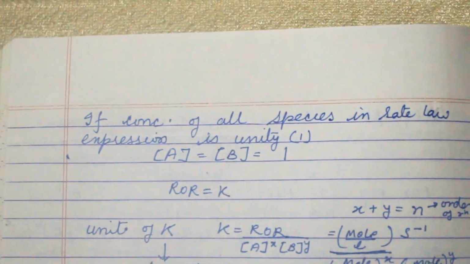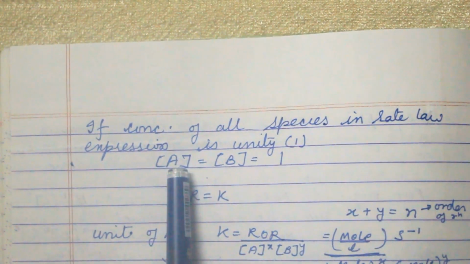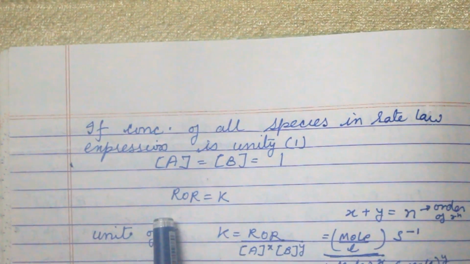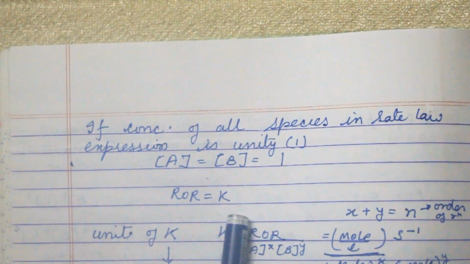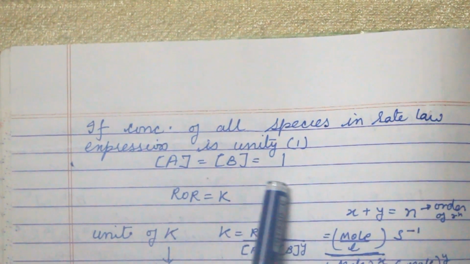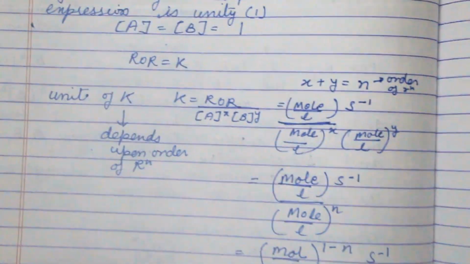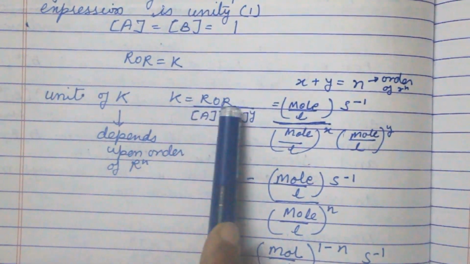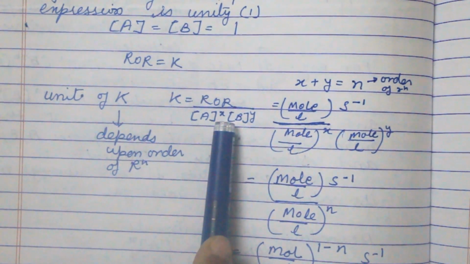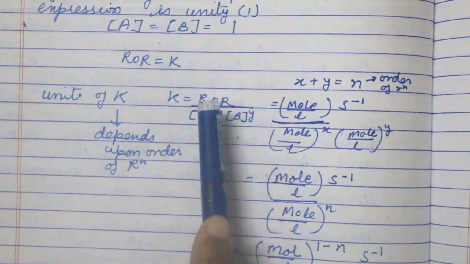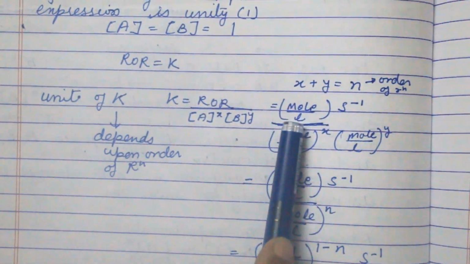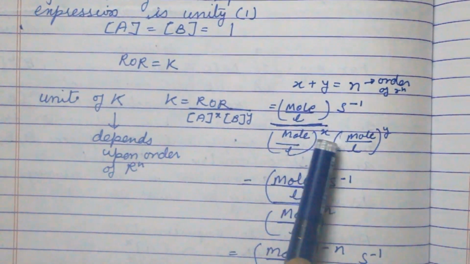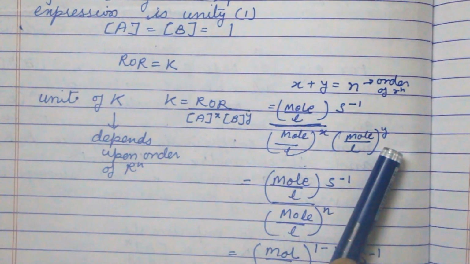If the concentrations of all the species in the rate law expression are unity, that is A equals B equals 1, then the rate of reaction is equal to K, because the concentrations become 1. So the unit of K depends upon the order of reaction. K is the rate of reaction divided by A to the power x, B to the power y. If the rate is in mole per liter per second, then A is mole per liter to the power x and B is mole per liter to the power y.